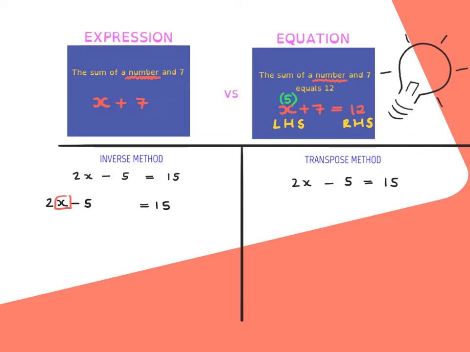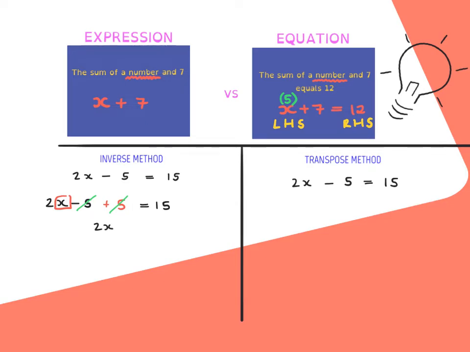So I don't want that coefficient 2 and I don't want the negative 5. In order to isolate x, I first want to get rid of this 5. If I add 5 on the left-hand side, the 5s cancel each other out and I'm just left with 2x.